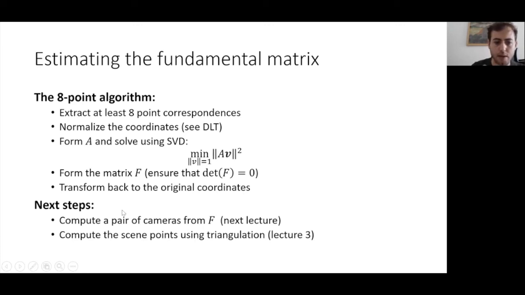And next, it is possible to extract a pair of cameras that are consistent with F, which we'll see in the next lecture, and also to compute scene points using triangulation, as you saw in the last lecture.